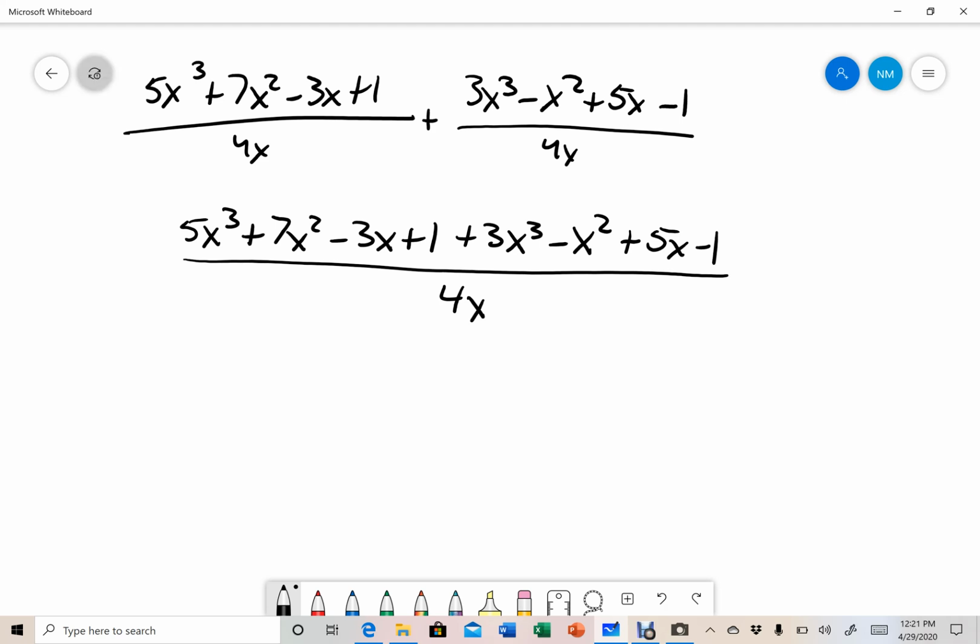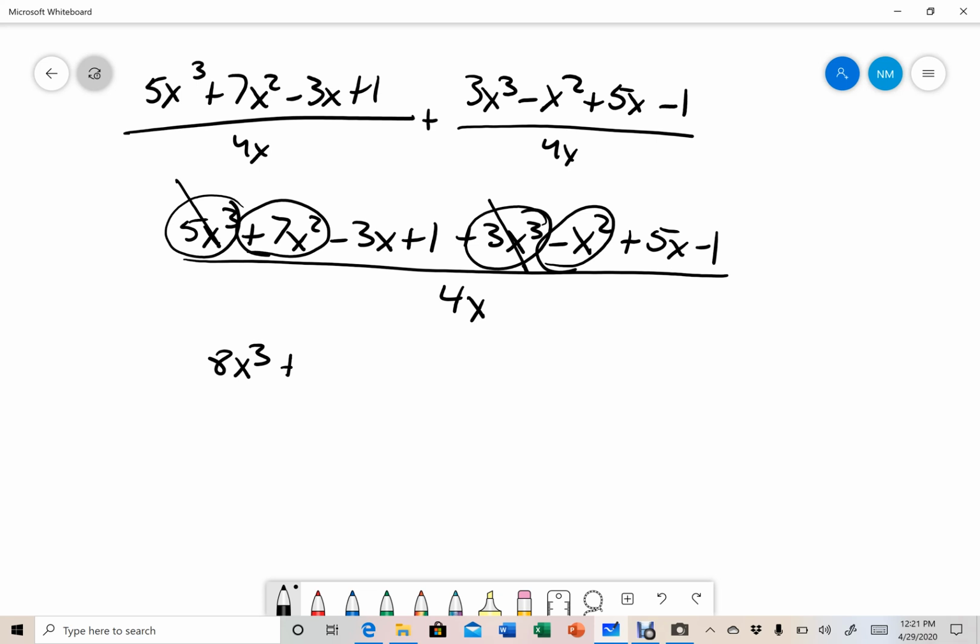Now, we're going to combine our like terms. So looking at my cubes first, since that's my highest exponent, I've got a positive 3 and a positive 5. So I've got 8x cubed. All right, those are done. Then I look at my squares, 7x squared and a negative x.